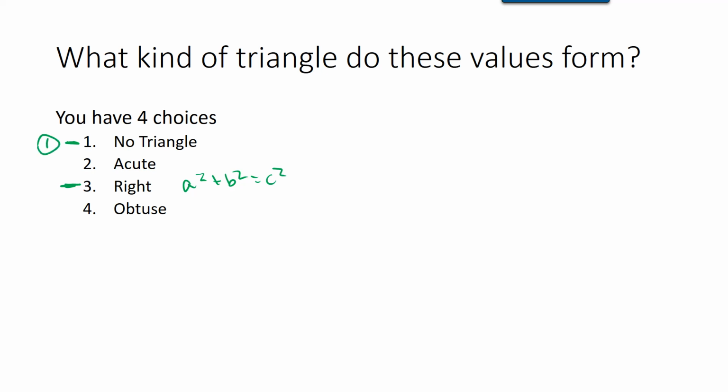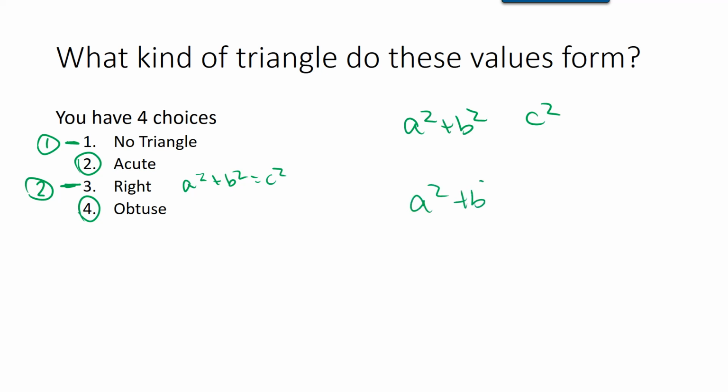First, check and see if we make a triangle. Second, check and see if they make a right triangle. Now, if a squared plus b squared equals c squared, we're good. We know we have a right triangle. But if for some reason a squared plus b squared does not equal c squared, and they do make a triangle, we can use that information to find the other 2. What's really important is that you're just comparing a squared plus b squared and c squared.